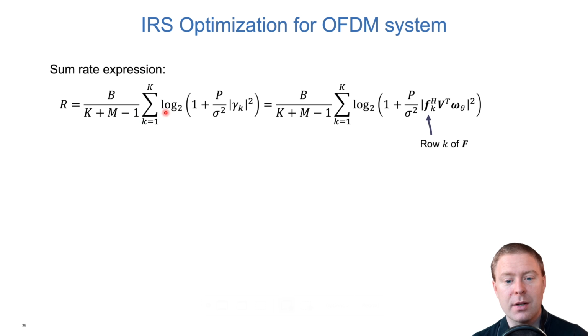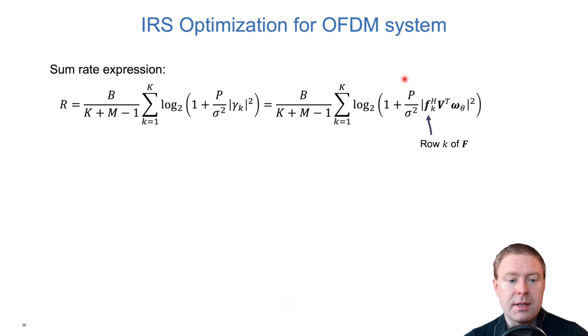For each one of them, we get a log 2 of 1 plus an SNR, which is the transmit power divided by the noise power multiplied with this factor that comes from the gain of the channel that we are getting. And if we replace this with what we had before, then we should have the omega that describes the configuration of IRS. We should have this channel matrix describing the channel from and to the IRS. And then we should have the F matrix, and for each of the subcarriers we just get one of the rows in this F matrix, the DFT matrix, like this.